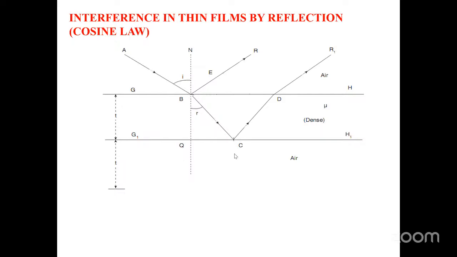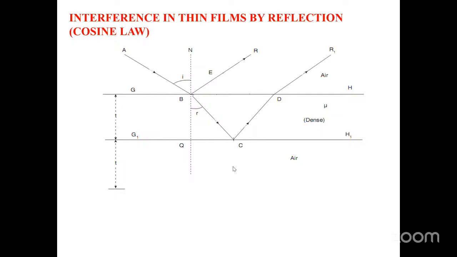BC is the refracted ray, BR is the reflected ray. In the same medium, again it is going to be transmitted and reflected.